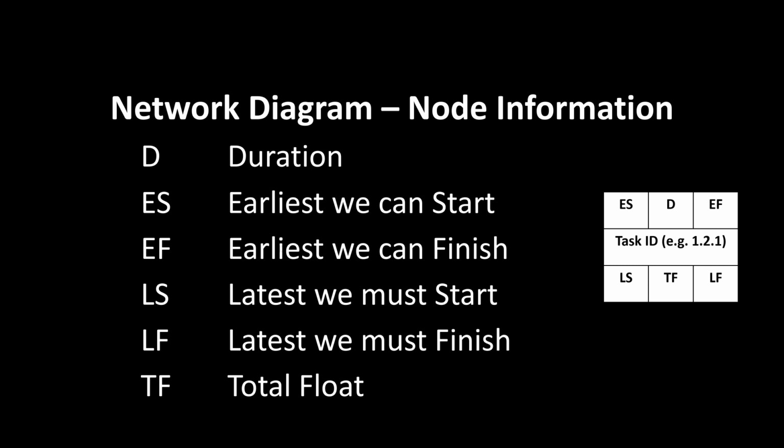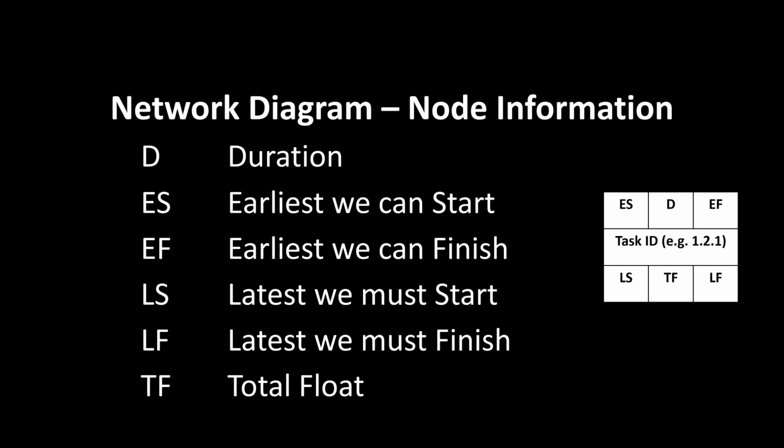Across the bottom, we're going to have the latest we must start it, this thing called total float that we'll look at later, and the latest we have to have this finished by. So lots of numbers here, and you might be thinking, what's the difference between latest start and earliest start? This will come clearer as we start to work through our example.